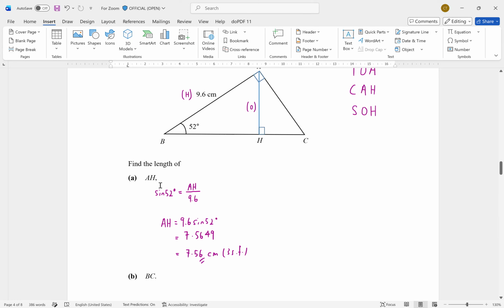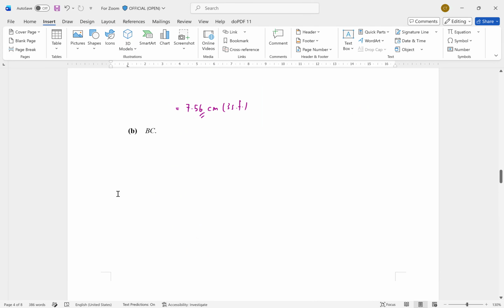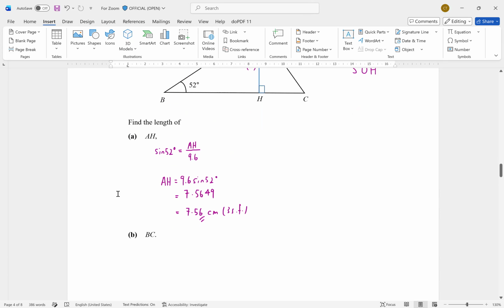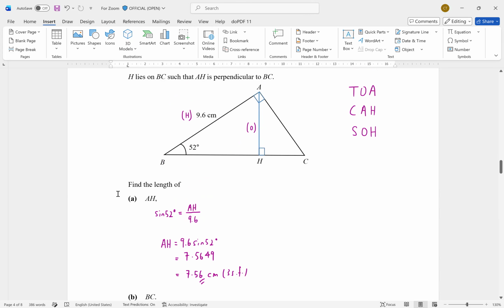Right, let's take a look at part B. Part B, we want to find the length BC. BC is this entire length over here. This is where you will need to shift your focus, because BC is the hypotenuse of the big triangle ABC.